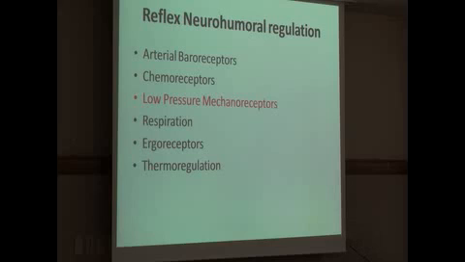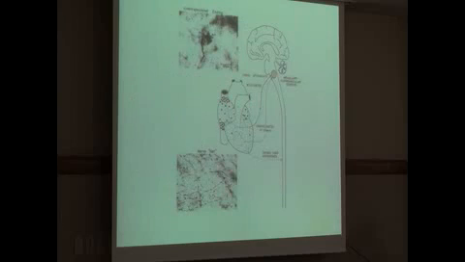Okay. So those are two very important ones. The next one I want to say a few words about are the low pressure mechanoreceptors. Those are basically stretch receptors again, the same thing as the carotid sinus. But they're located in the atria mainly, and in the large veins.